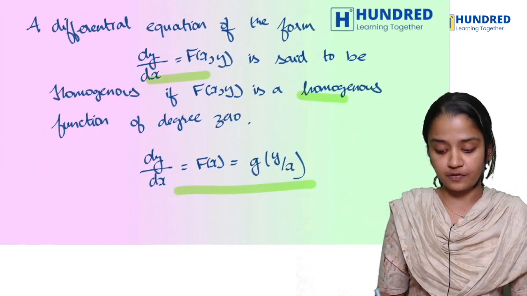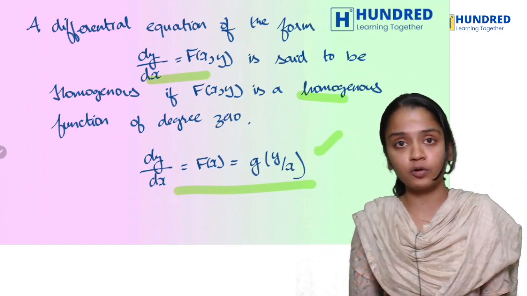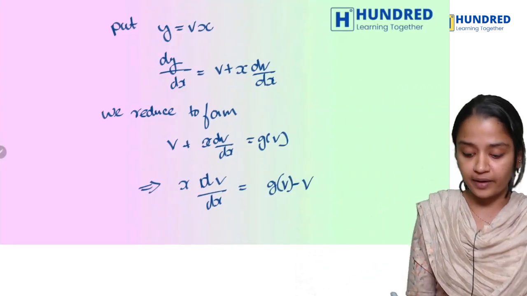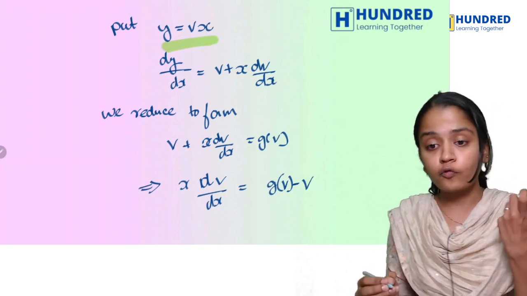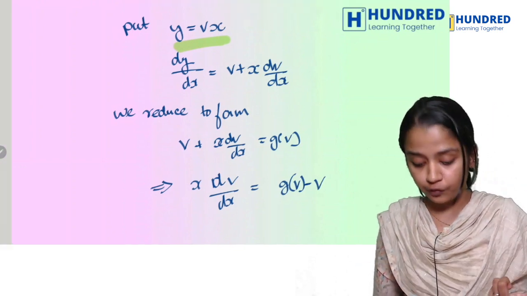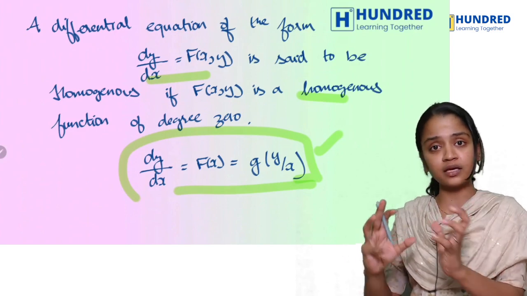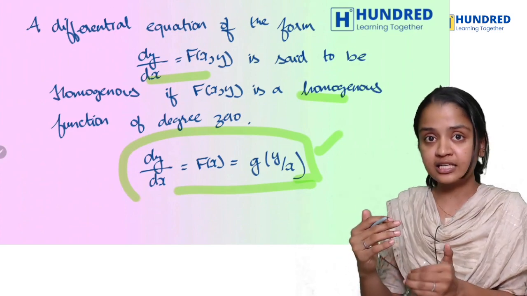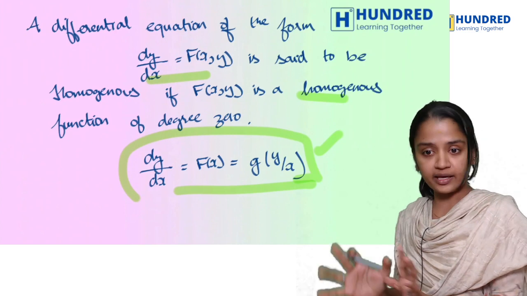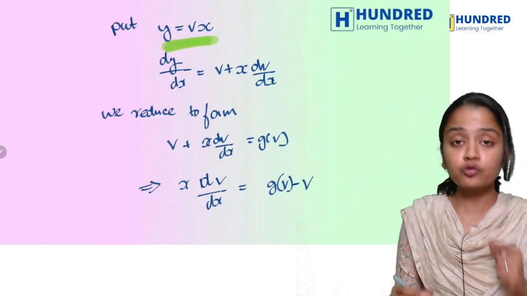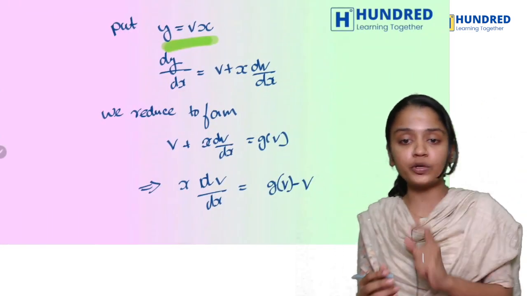If it is a homogeneous function, you can write it in terms of y by x. Then you have to substitute y is equal to v of x.